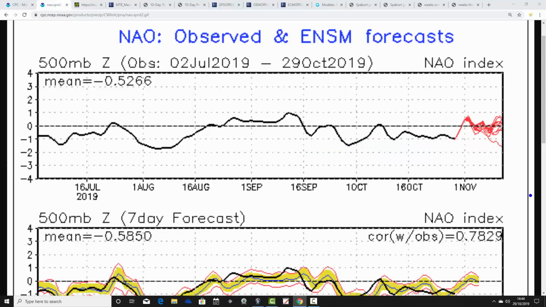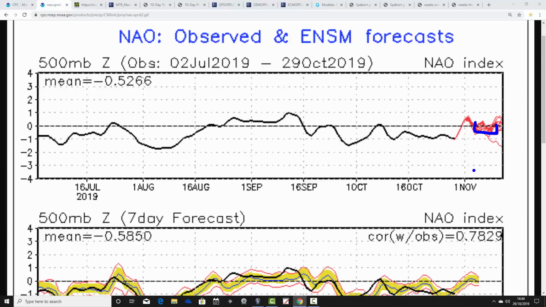Nevertheless, it still looks a little bit on the negative side of neutral generally to me with those GFS ensembles. Certainly no sign of it going particularly positive, let's put it that way, for the next couple of weeks, maybe a little bit closer to neutral than it has been through October in particular. But overall, it looks like the NAO is going to be staying around the negative side of neutral, I would have thought.